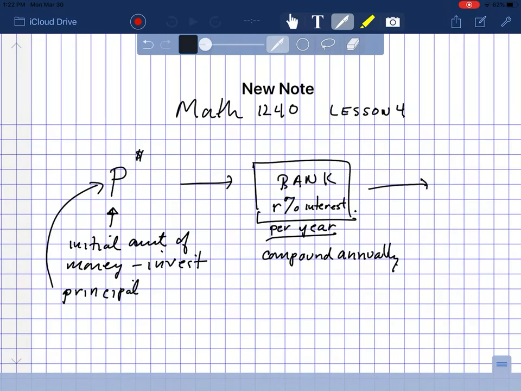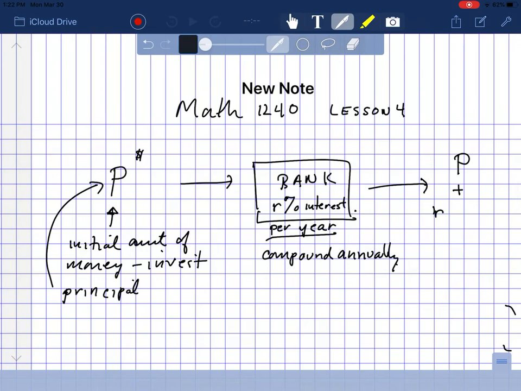After 1 year, so your money's in the bank, it's earning interest, and after 1 year, the amount of money that's sitting there is the initial amount that you put in, P, plus the interest earned on that money, and that is R. Now, R was given to us in percent, so in order to convert it to a decimal, we have to divide by 100.